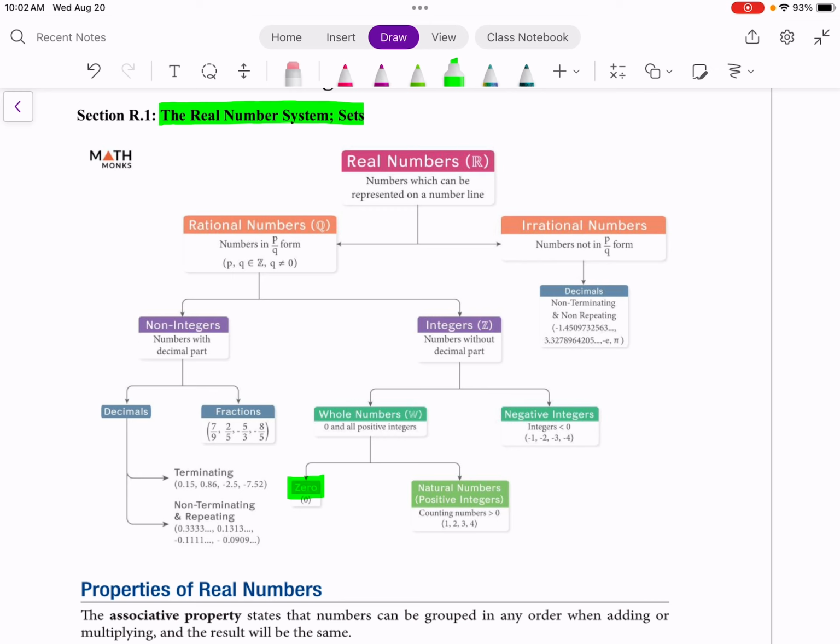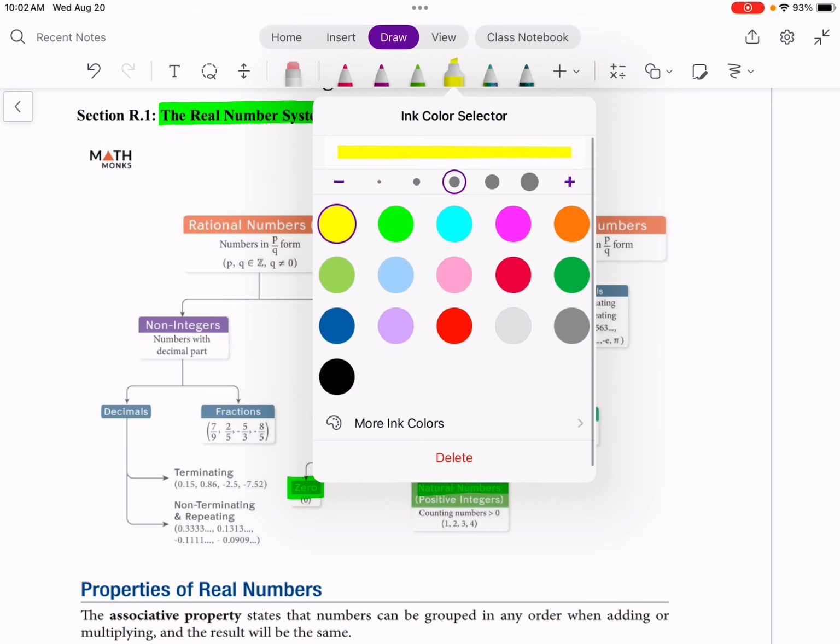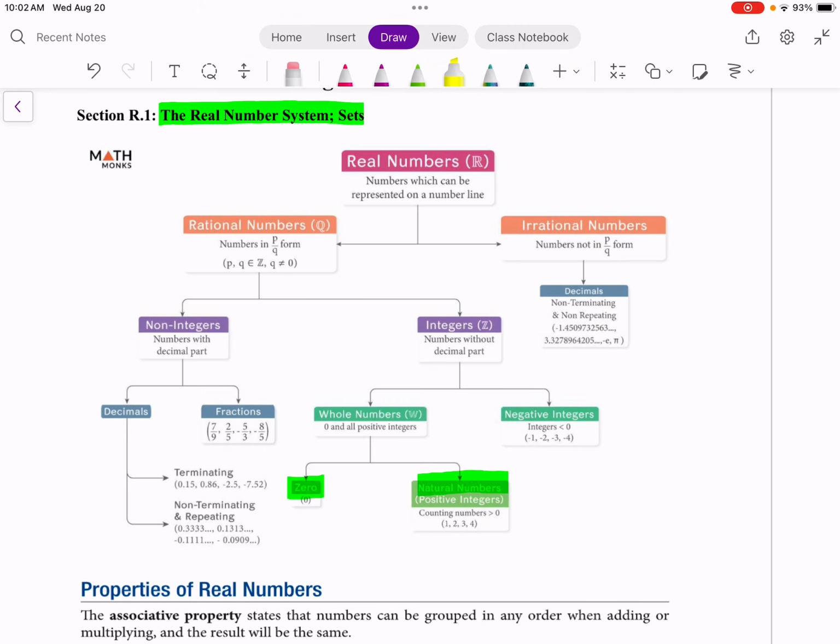Okay, the next type of number that we have is natural number, which we also call the counting numbers greater than zero. Okay, so every counting number greater than zero, they are the natural numbers. So 1, 2, 3, 4, 5, 6, 7, 8, these are the natural numbers.